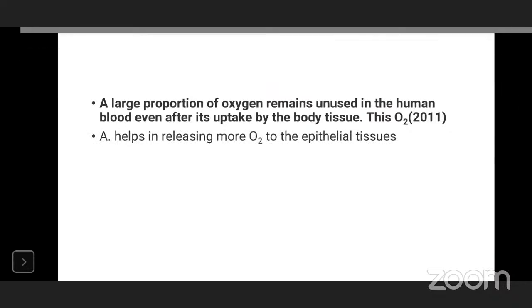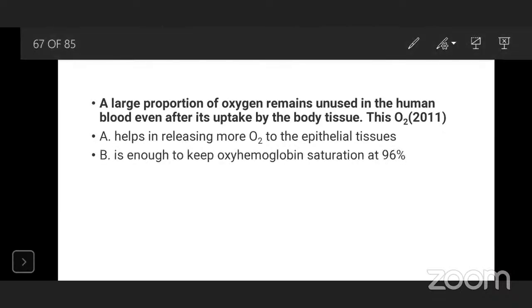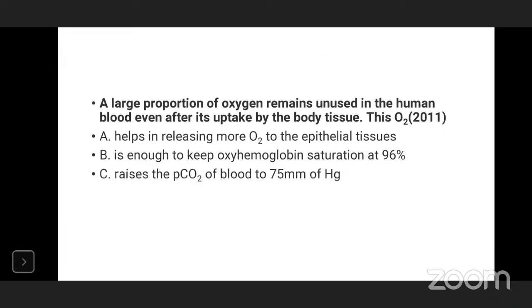Next question is, a large proportion of oxygen remains unused in the human blood even after its uptake by the body tissue. What will happen to this oxygen? It helps in releasing more oxygen to epithelial tissue, or is enough to keep oxyhemoglobin saturation at 96%, or raises the PCO2 of blood to 75 mm of Hg, or acts as a reserve during muscular exercise.